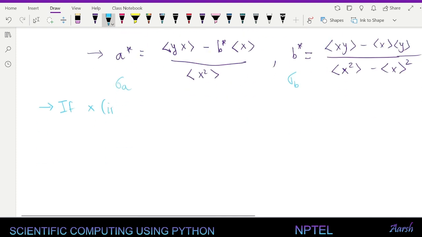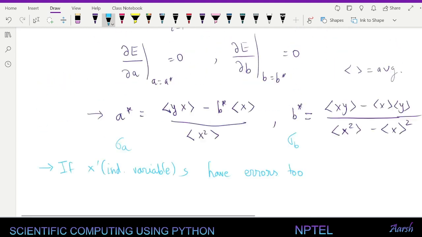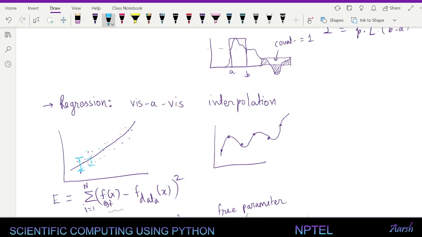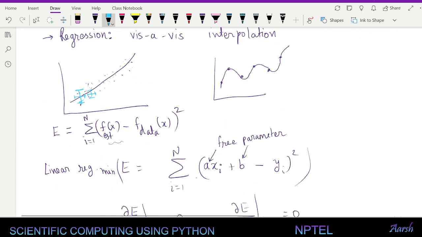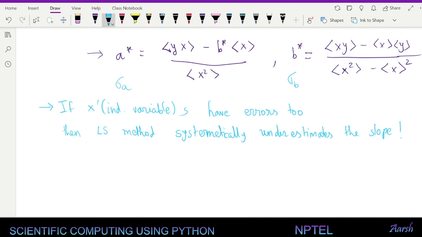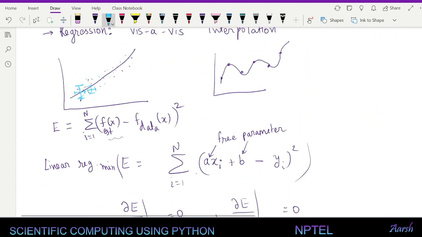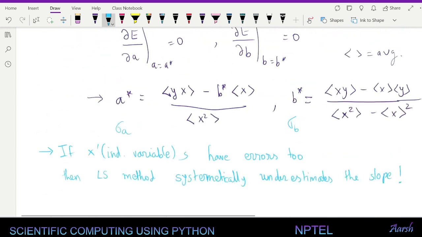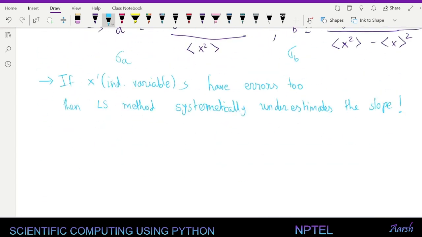But if x, the independent variable, has errors too, meaning you have errors across the y-axis but also in the x direction, maybe due to measurement or anything, then this least square method systematically underestimates the slope, and there are better methods, better measures to minimize, that will give you a better answer. So if you are doing experiments, just be aware of this.